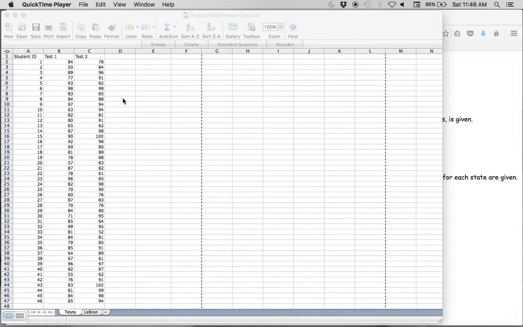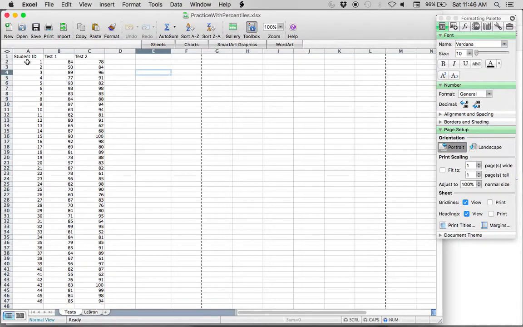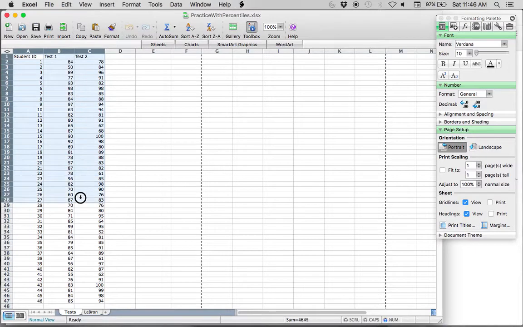So here we have two tests that 46 students have taken. We're going to look at test 1 here. Now, first thing we need to do, when we're thinking about deciles, quartiles, the position of a data point, is we need to sort by the variable that we're interested in.